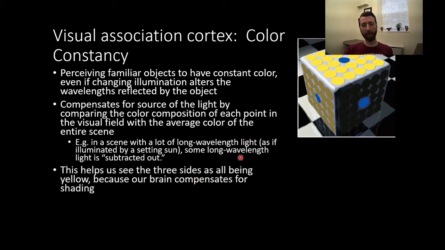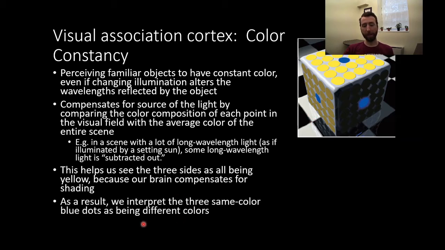This lets us see all three sides as being yellow because we are compensating for the shading, right? It's dark here, so we see this as just a darker shadowed side. It's all yellow. But this also causes us to interpret these three same color blue dots as being different colors, right? If this yellow is dark because it is in a shaded part of the scene, then this blue must be bright because it appears to be the same color, right?